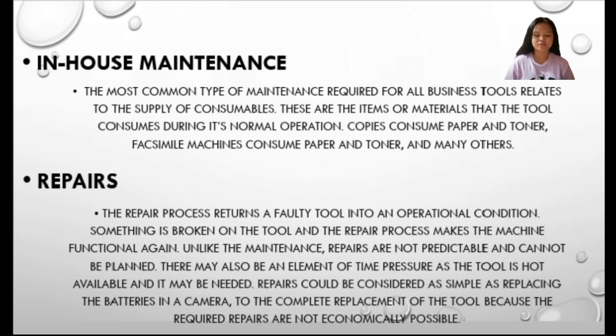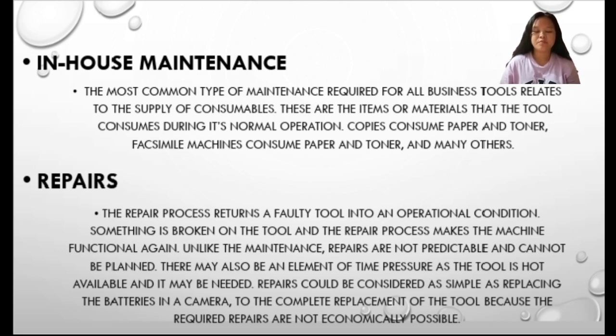Repairs. The repair process returns a faulty tool to an operational condition. Something is broken on the tool and the repair process makes the machine functional again. Unlike maintenance, repairs are not predictable and cannot be planned.